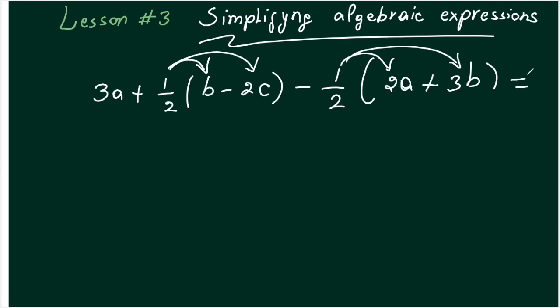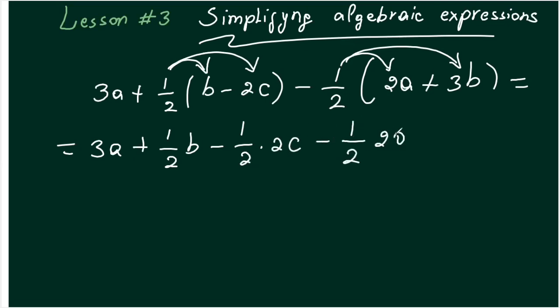It equals 3 times a plus 1/2 multiplied by b minus 1/2 multiplied by 2 times c minus 1/2 multiplied by 2 times a minus 1/2 multiplied by 3 times b. As you can see, if there is a negative operator outside of the bracket, we change the signs of all the terms inside of the bracket, like this.